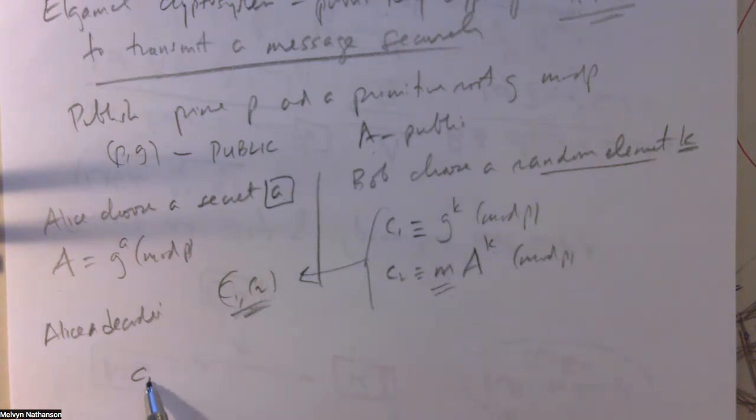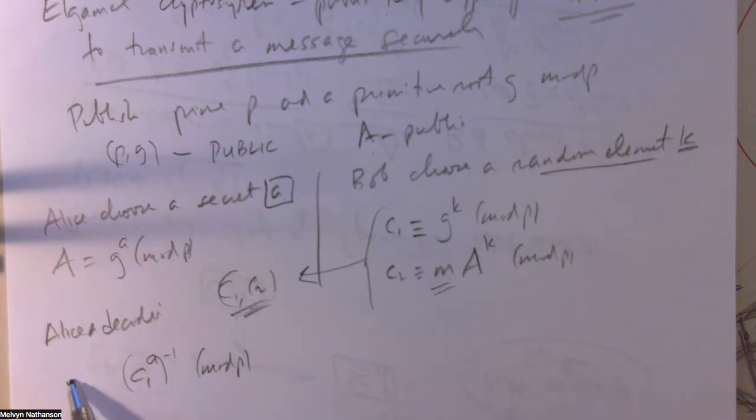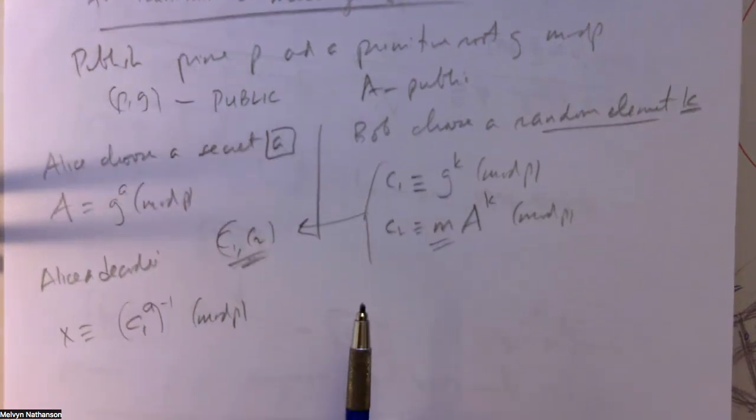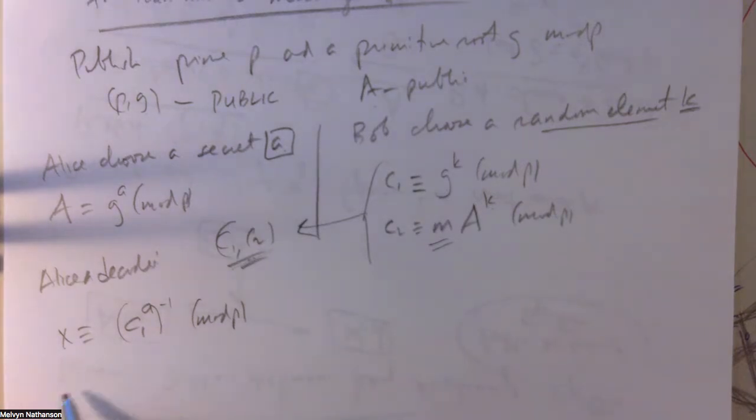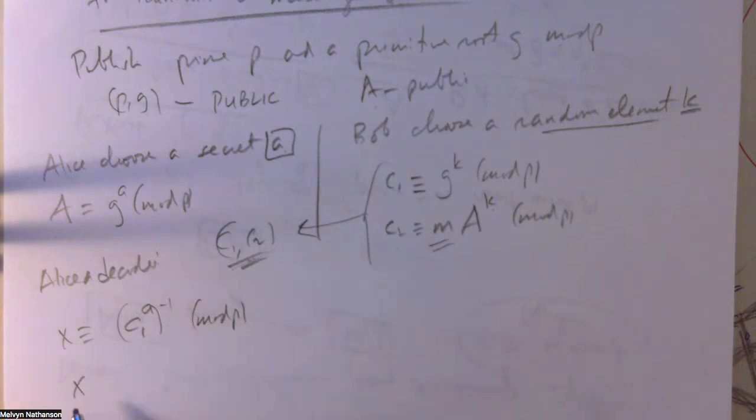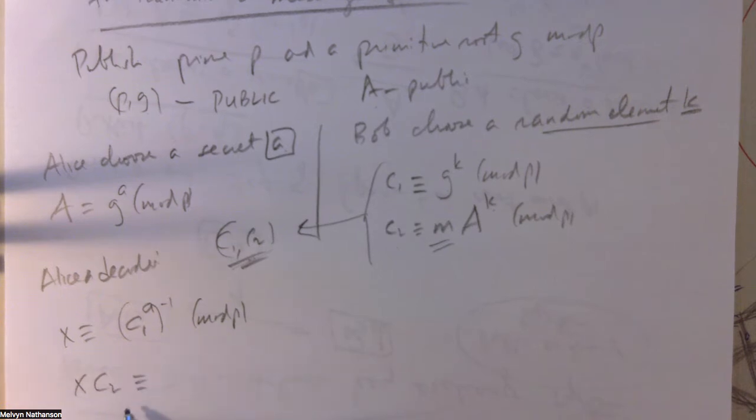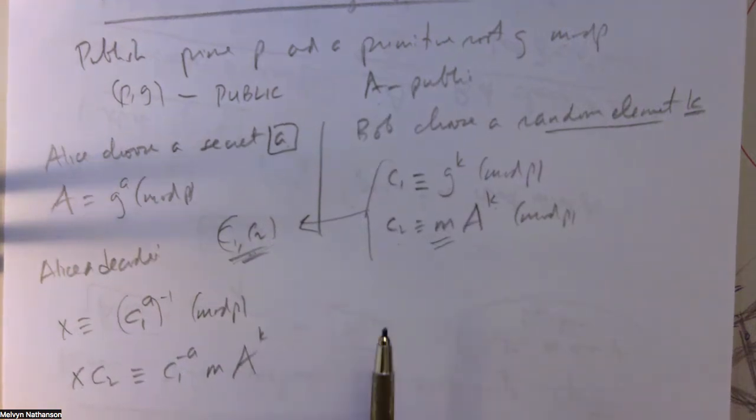She takes the first number, C1, raises it to her secret exponent a, and takes the inverse of that mod P. That number we can call X. And then she multiplies the second number that Bob sent her, C2, by X. What is this? X times C2 is C1 to the minus a power times C2, which is M times A to the k.